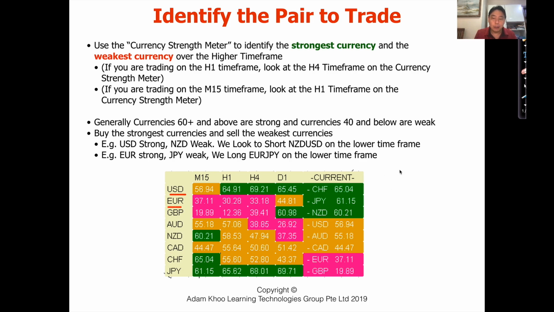So we've got Euro USD, we have got Pound dollar, and we have got Aussie dollar. All right, so these are the possible pairs.